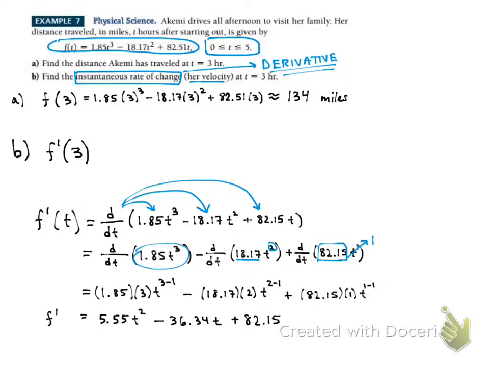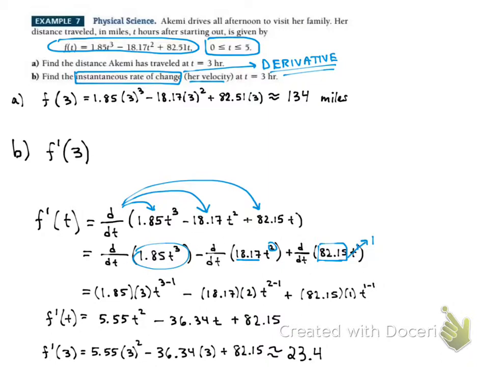So this is our derivative function. This is our f prime of t. But for part B, what we really want is f prime of 3. So now we just need to plug 3 into our derivative function. When we plug that into our calculator, we should get approximately 23.4. So that's the value of the derivative at time equal 3.